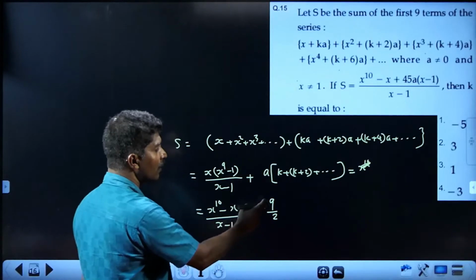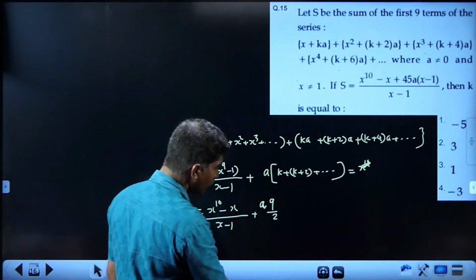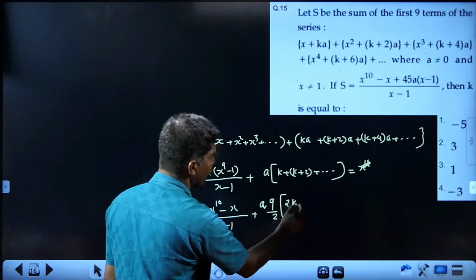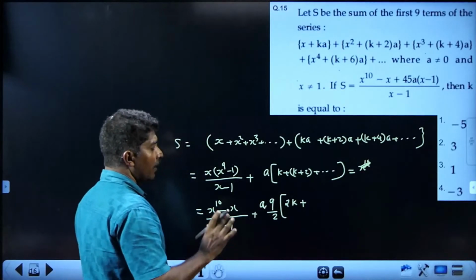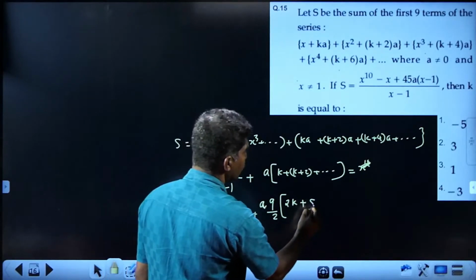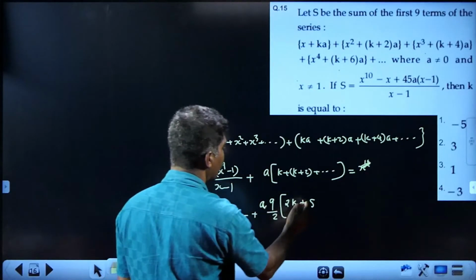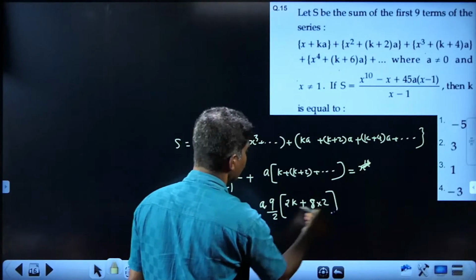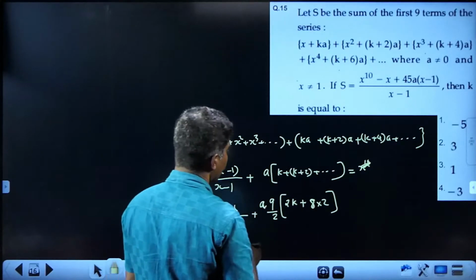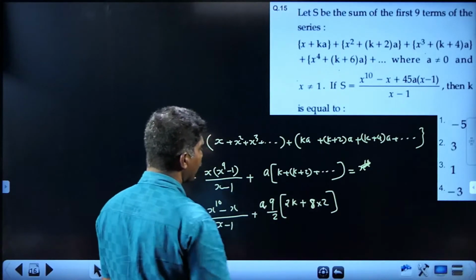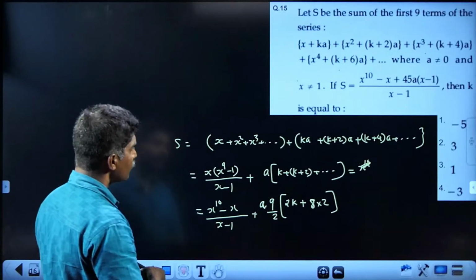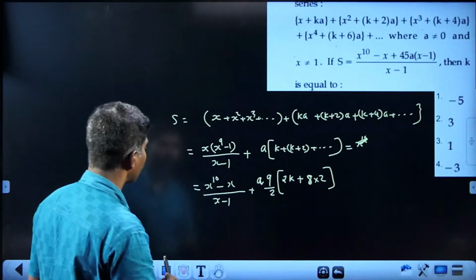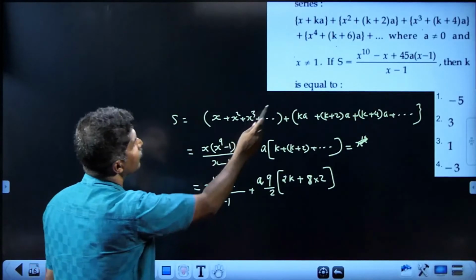Always be careful about getting confused with 9 and a. 9 by 2 into 2k plus n minus 1, that is 9 minus 1, 8 into d. D is 2. These two get cancelled.